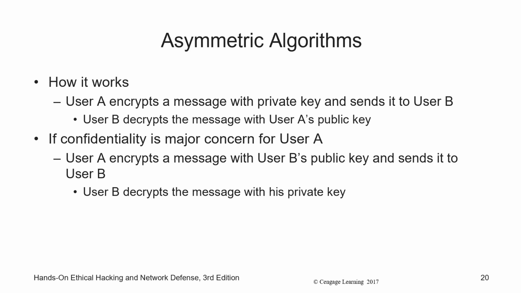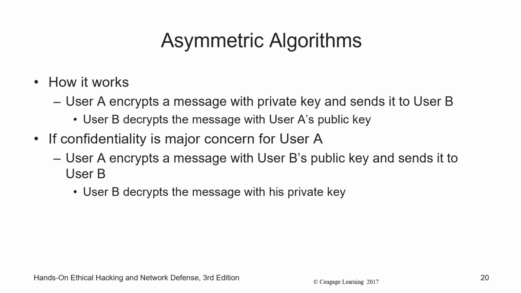So how does it work? If both you and I want to send a message, I encrypt the message with my private key, and out in the open is my public key, and you can grab that. Anyone can grab that. And you decrypt the message with my public key.